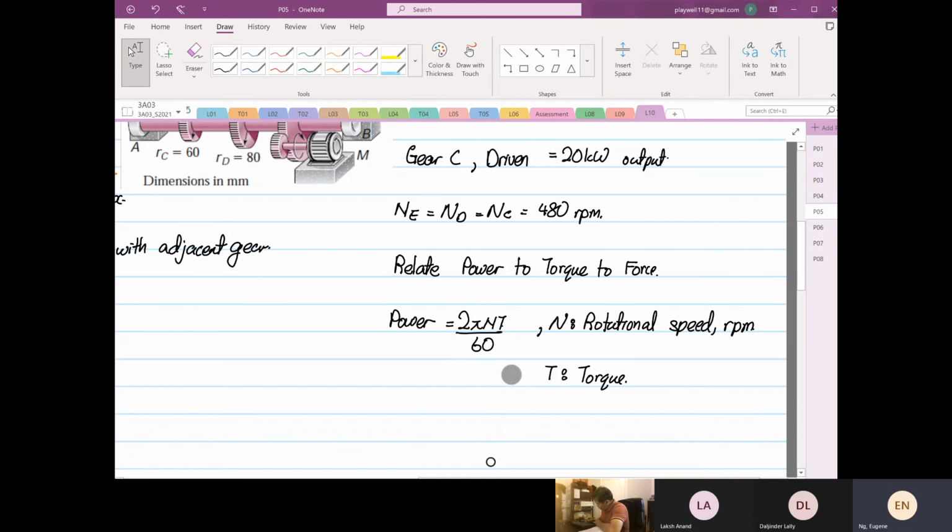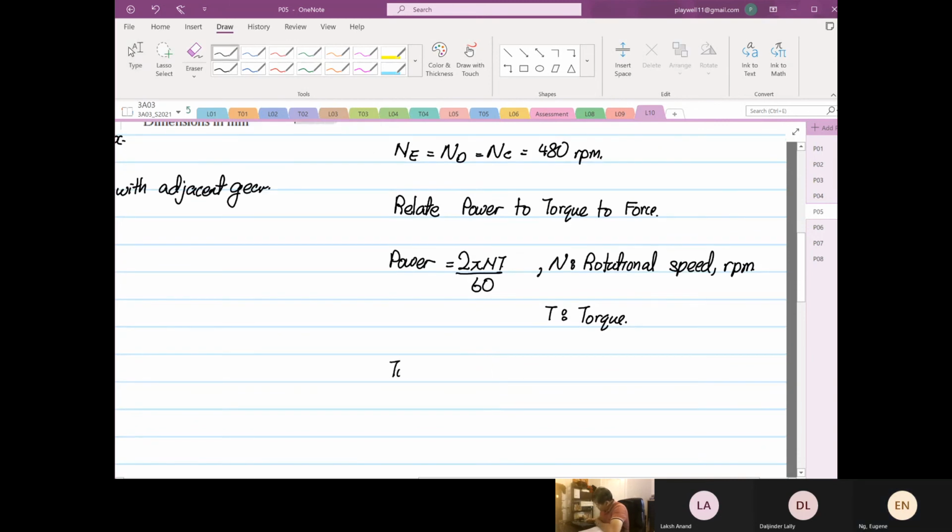And then the torque is equal to force multiplied by radius. Then we can get the force.